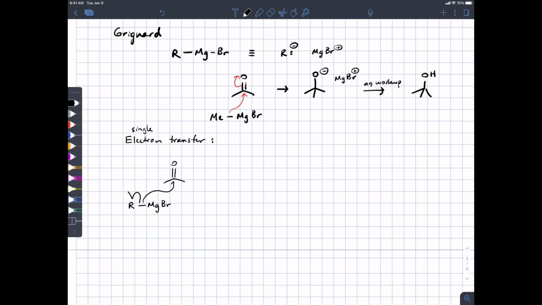Okay? And the arrows here are just about keeping track of the electrons. So what would this look like? If we add one electron to our ketone, we now have a radical anion, which is sometimes called a ketyl anion.